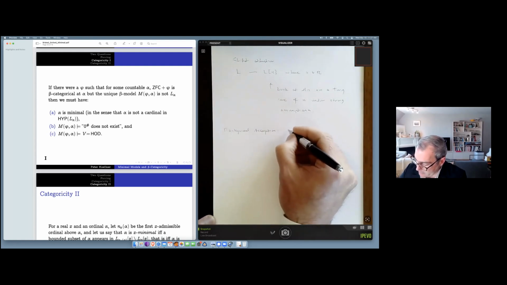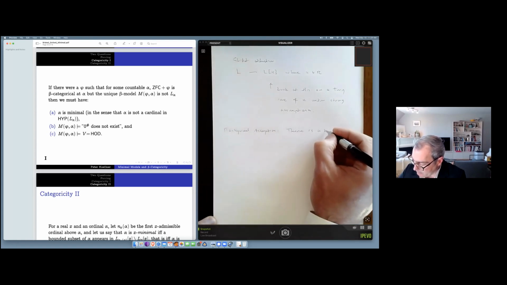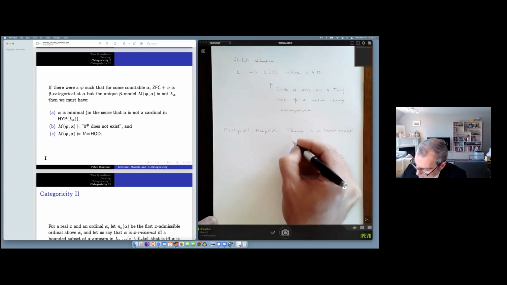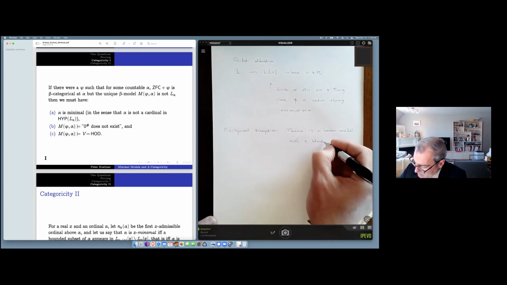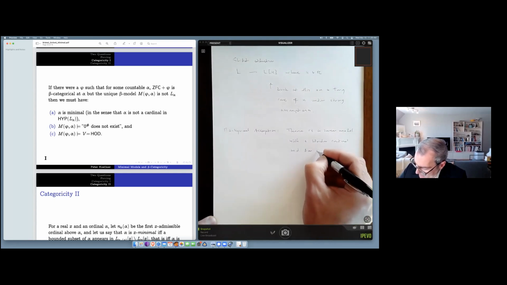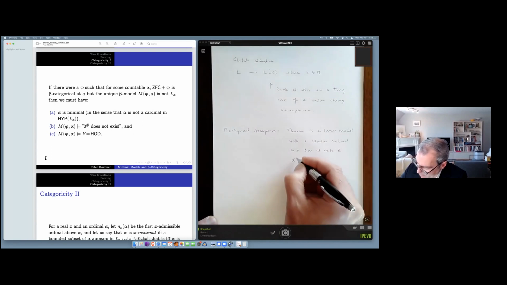So there is an inner model with a Woodin cardinal, and for all sets X, X sharp exists.